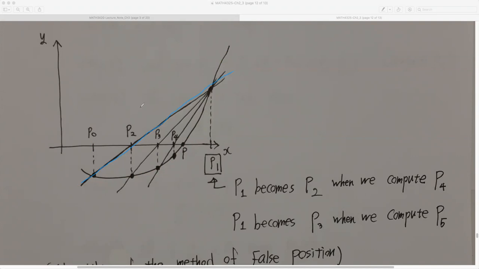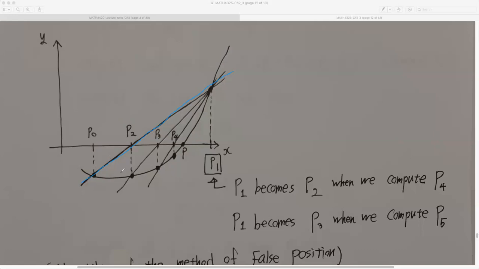And then as you can see, f of P0 is negative, and f of P1 is positive, right? All right, that's good. So we can use the intermediate value theorem, right? So what's P2? P2 is the x-coordinate of the x-intercept of that secant line, okay?